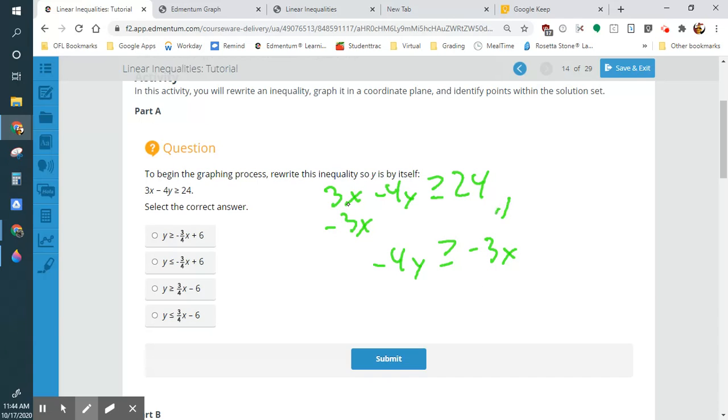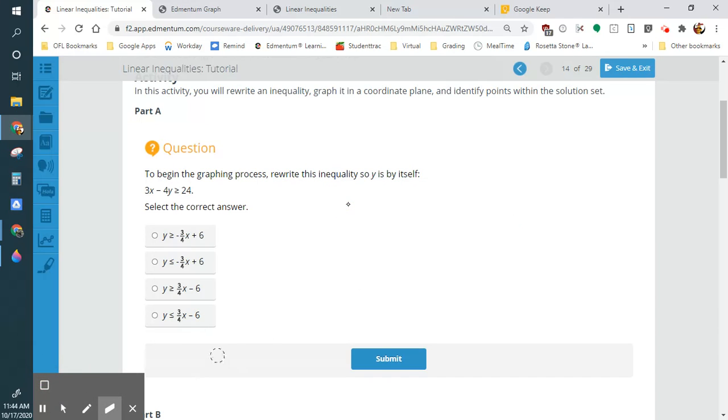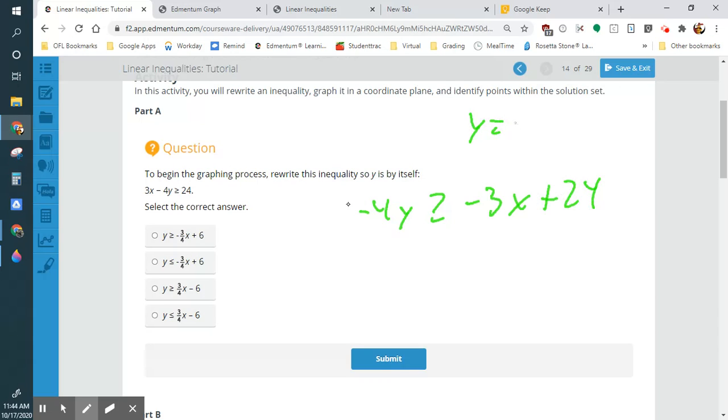The reason why I put that x there is because I want to put this in the y equals mx plus b form.